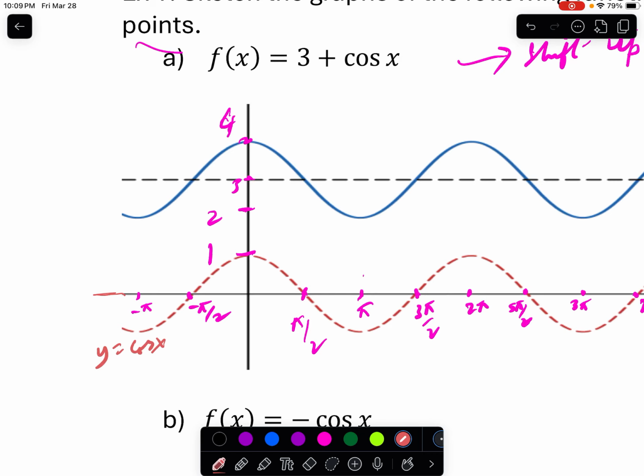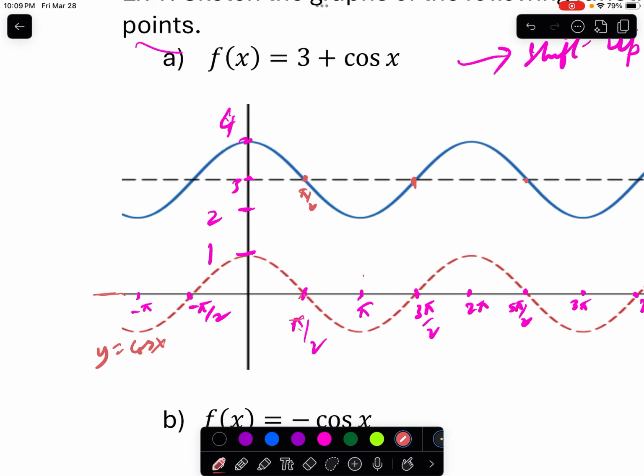So that goes up. So this plot point where you had pi over 2, this pi over 2 is over here. So this point has coordinates pi over 2, 3. This will be 3 pi over 2, 3, and so on. This is 5 pi over 2, and so this is how we will draw our graph, move everything up 3 units.